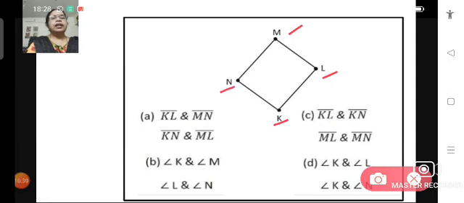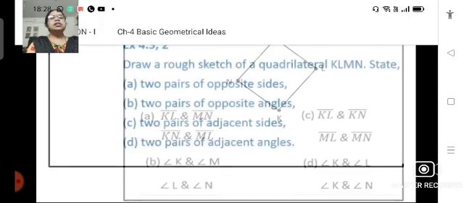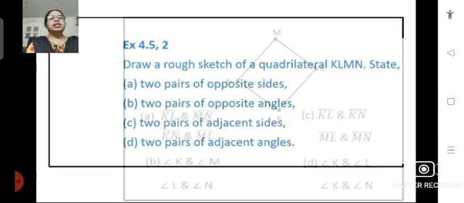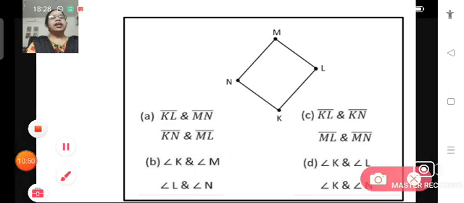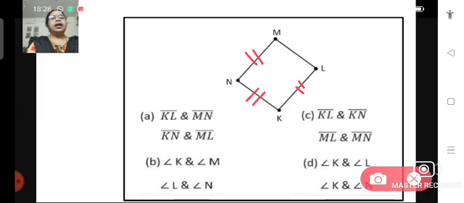We should always name the quadrilateral in a cyclic manner. So first question was two pairs of opposite sides. So what are the opposite sides here? KL and MN are the opposite sides, and KN and ML are another pair of opposite sides.